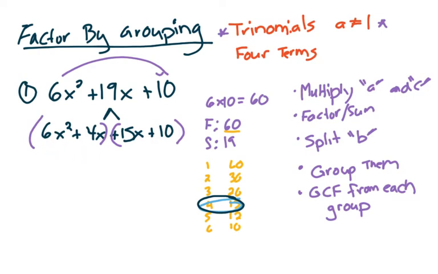So from my first term, my greatest common factor would be a 2x. And after I factor out a greatest common factor, I'm left with 3x plus 2. My greatest common factor between a positive 15x and a positive 10 would be a positive 5. And I'm left with a 3x plus 2.